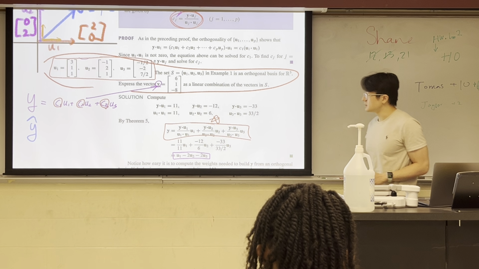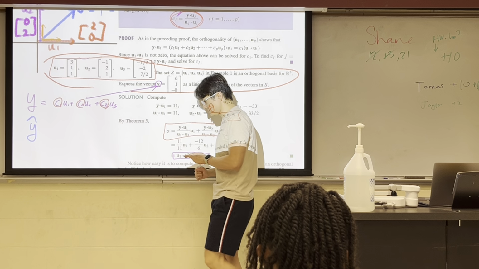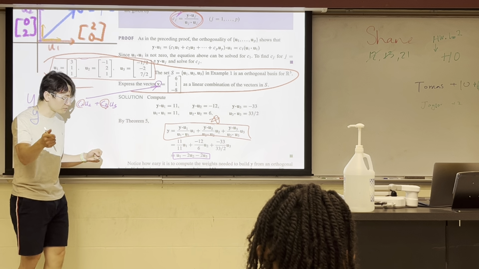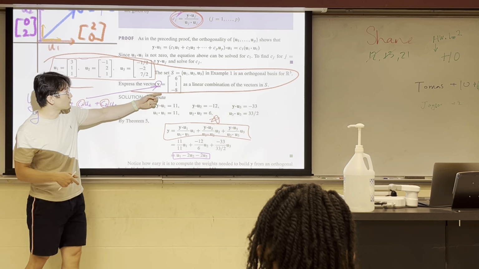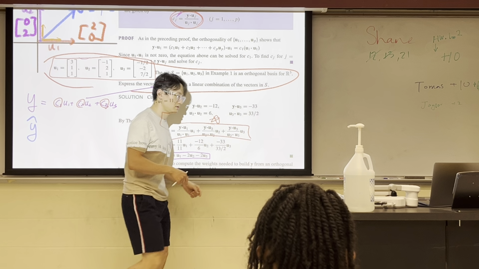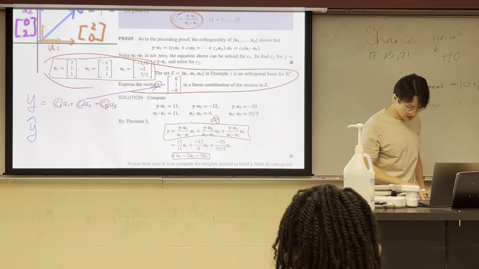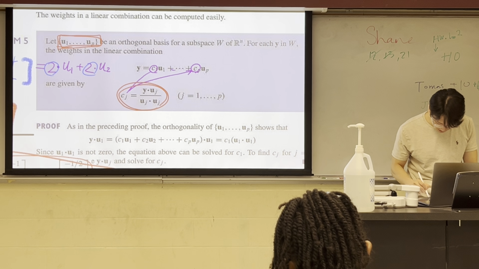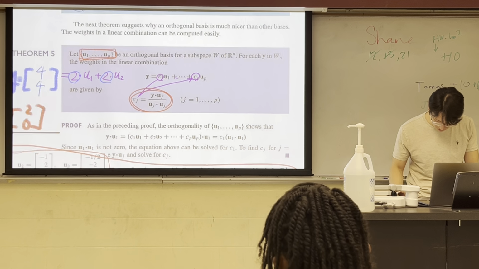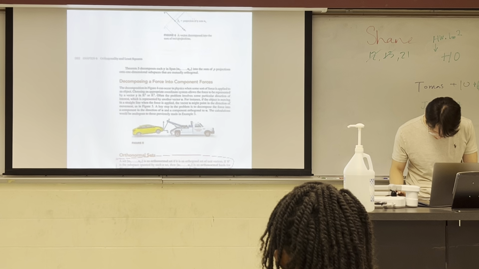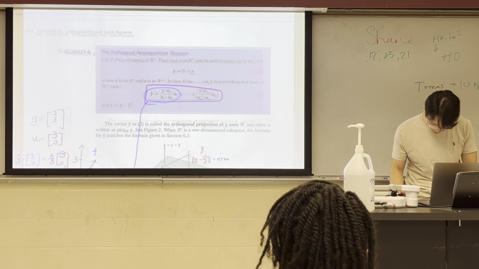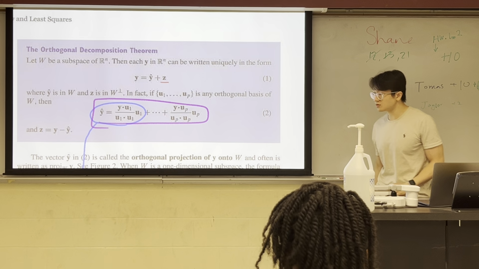So instead of using the row reduction with an augmented matrix, we can also use this formula. It's still valid. So this formula is the same as finding U hat. Don't you think so?